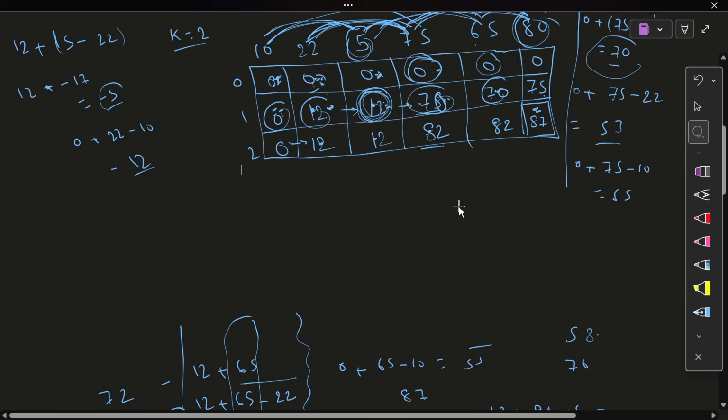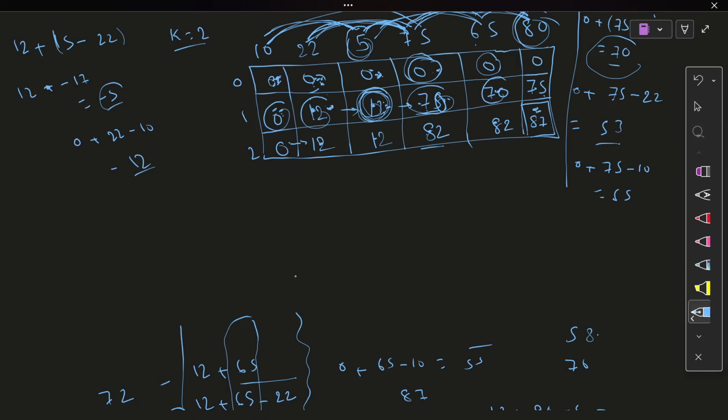So here what I am trying to say, suppose for 80, at this point the maximum is this one, or we have to find 70 plus 80 minus 65.